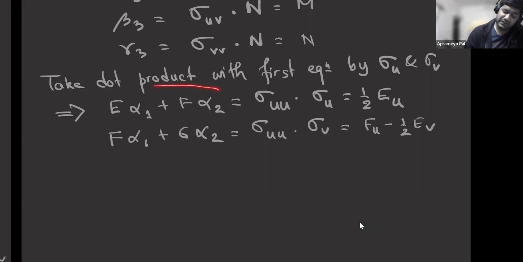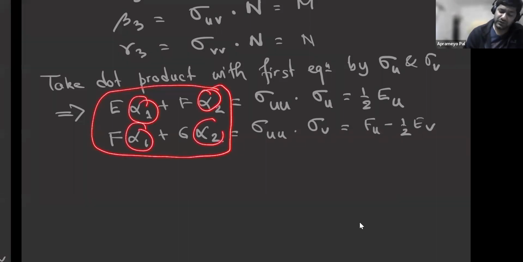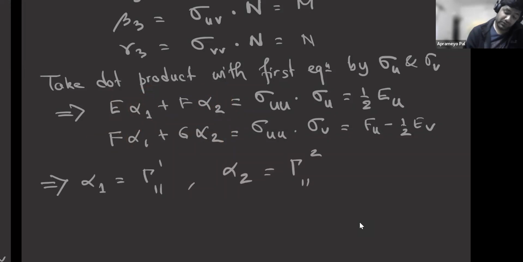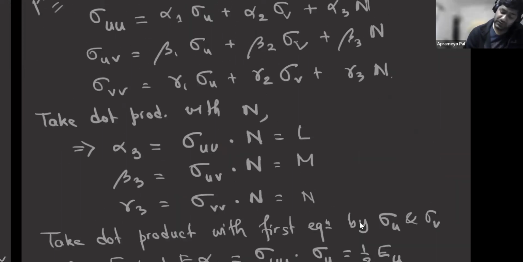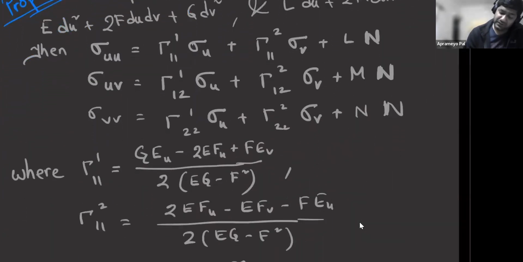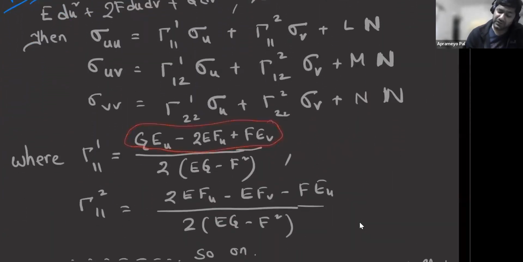So now you have a linear system of equations in alpha 1 and alpha 2. You can just solve it as a linear equation. If you do this, the expression of alpha 1 will be gamma 1 and alpha 2 would be gamma 2. Let me show you the expression again. These are the terms coming here. And why is EG minus F squared coming?